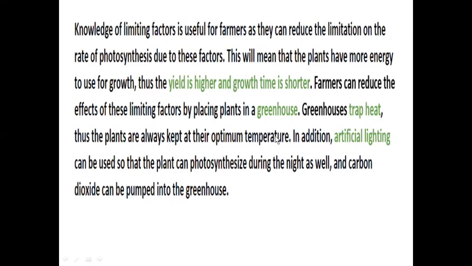In addition, artificial lighting can be used so that the plants can photosynthesize during the night as well, and carbon dioxide gas can be pumped into the greenhouse. So artificially, if you want to increase the rate of reaction, you need to give artificial light, and you can also pump in carbon dioxide gas.